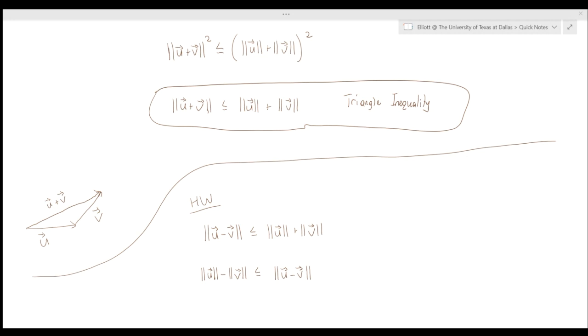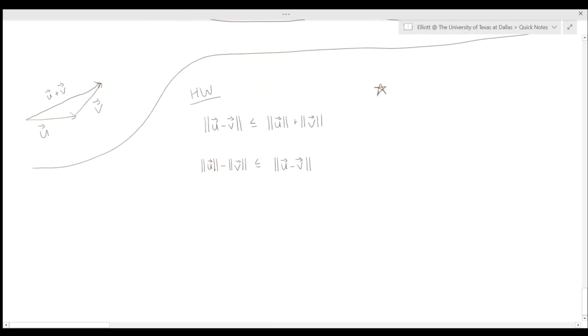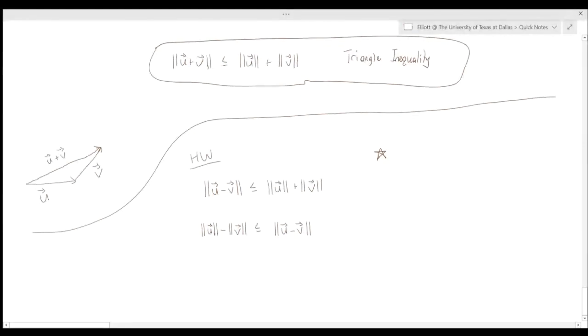So the key idea to proving these using the triangle inequality is that you want to understand that the triangle inequality is true for any two vectors.